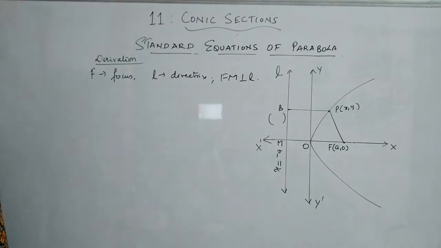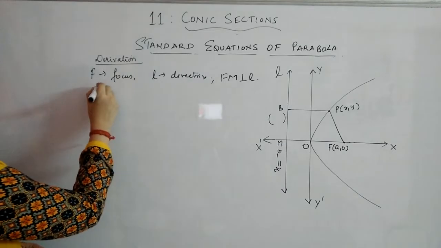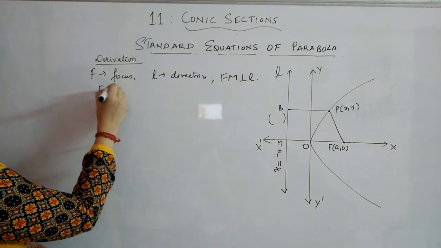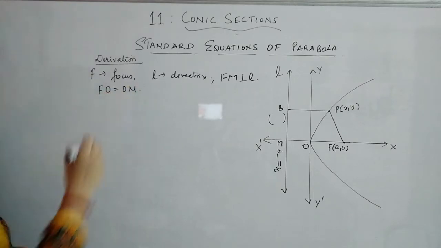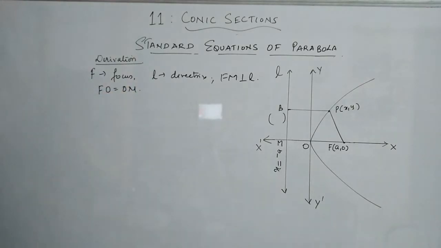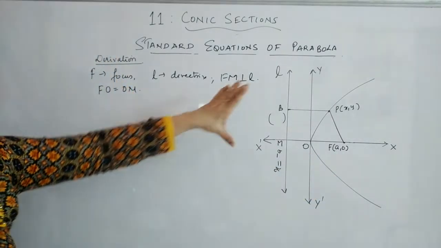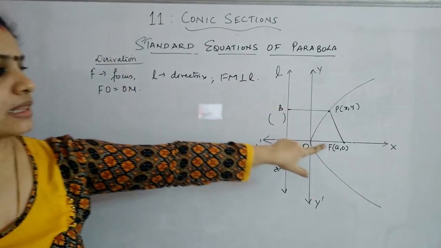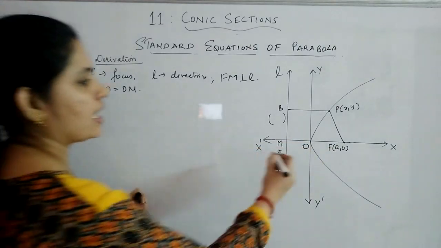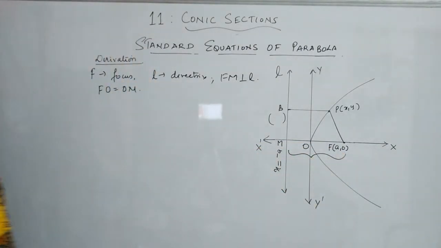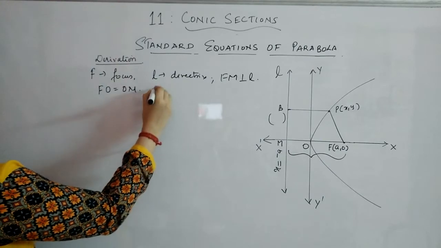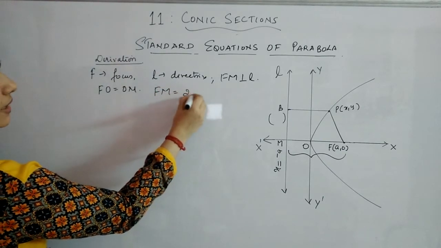That means O bisects the line FM, or you can say FO will be equal to OM. Now we are taking the distance between the directrix and the focus, this much length, as 2a. That is, FM is equal to 2a.